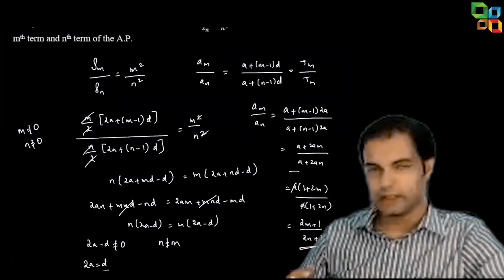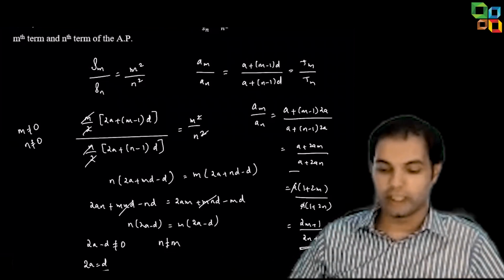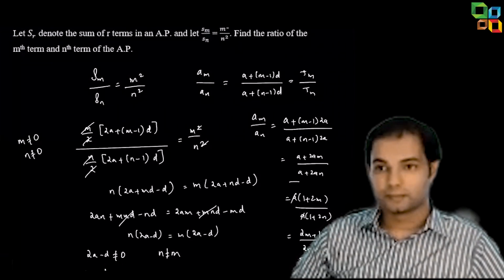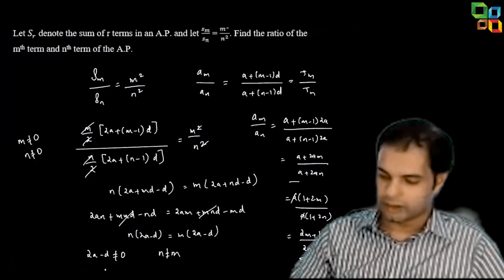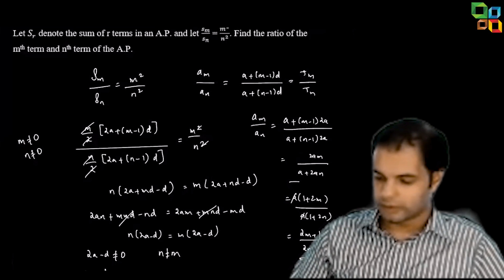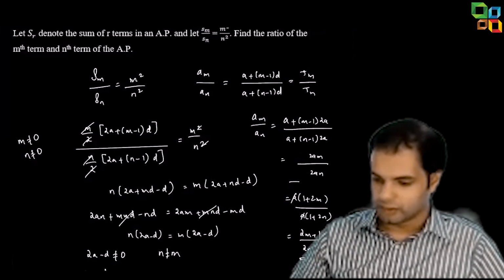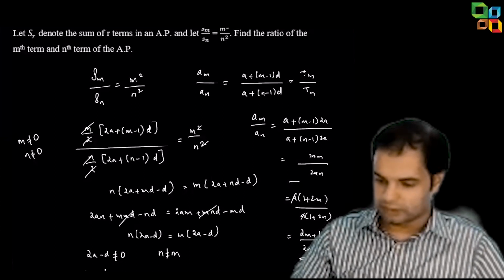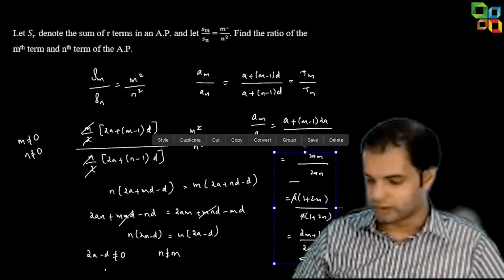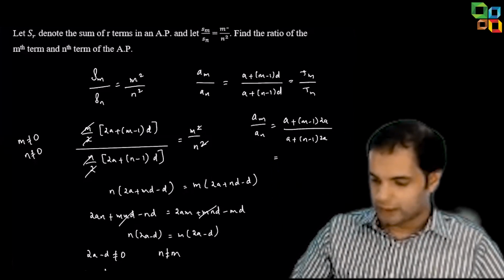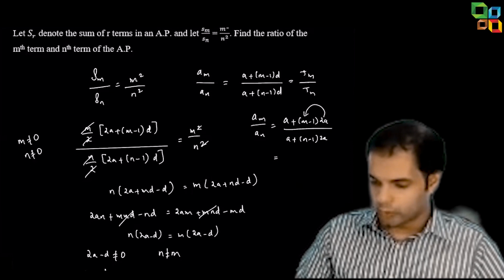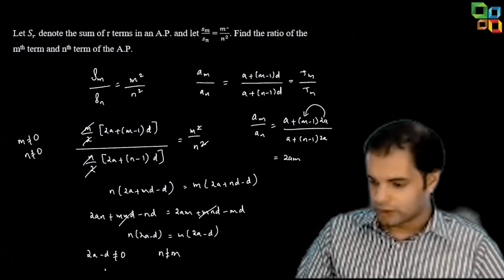So you can see we got rid of a and d. It's independent of a and d. Sir, it will be 2m minus 1 by 2n minus 1, because of the minus a. My mistake. Yeah. Okay, let me just simplify from here so that there's no confusion. So we have this term 2am minus a.